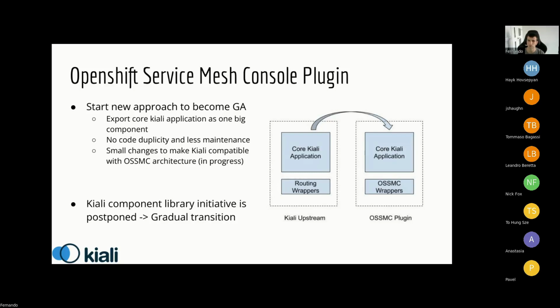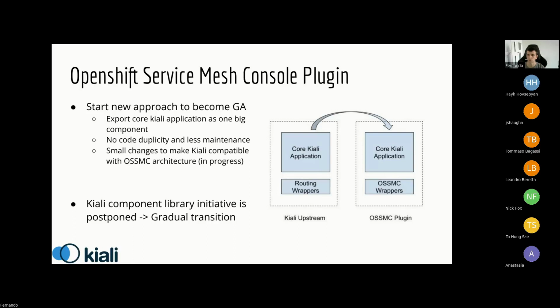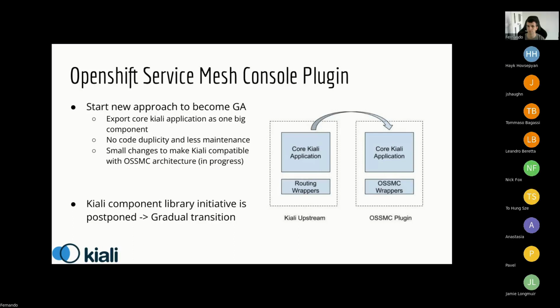So there will always be one flow direction from the Kiali repository to the OSSMC repository. Doing this, there is no code duplication and maintenance is easier. In order to do that, we are making small changes to the core Kiali application to make it compatible with the OSSMC architecture.